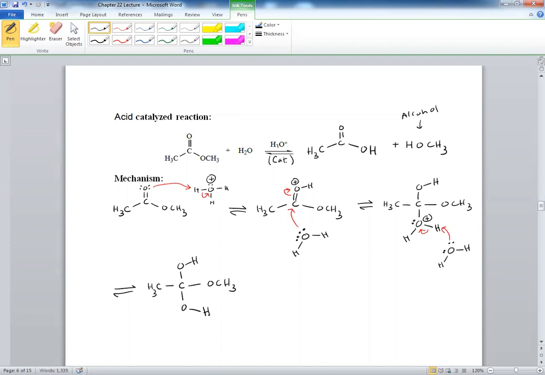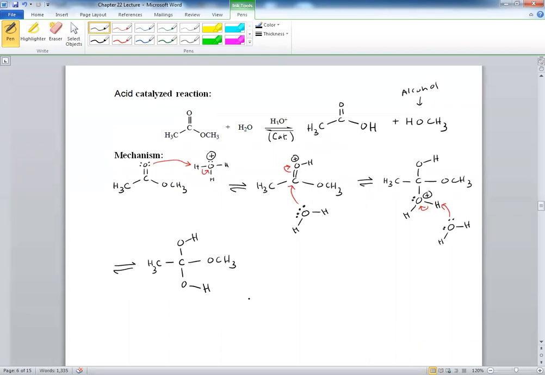So you are now at this point. Now we have an acid as a catalyst. Obviously, it came also from here. So we're going to draw this right here, the hydronium.